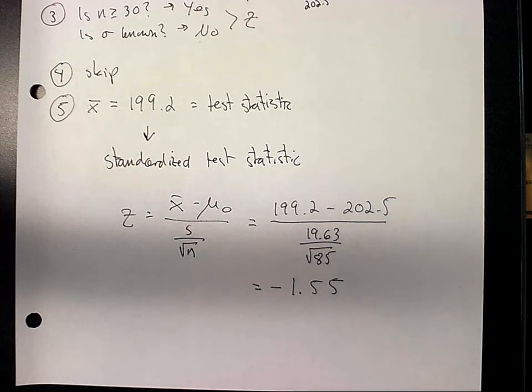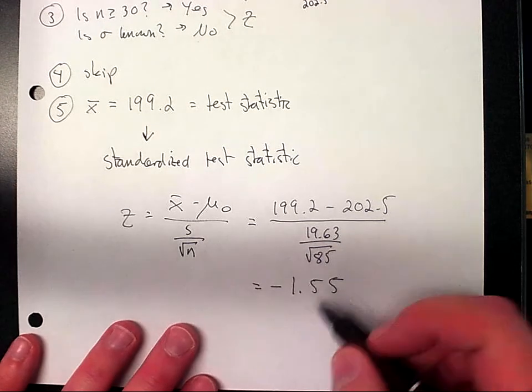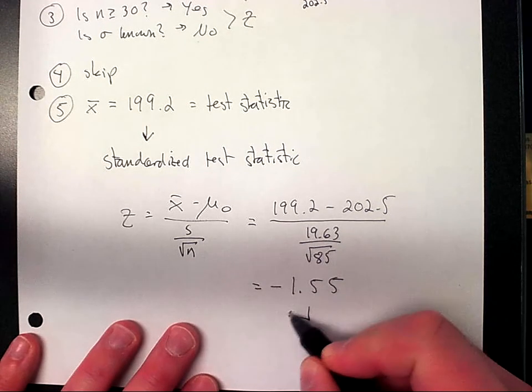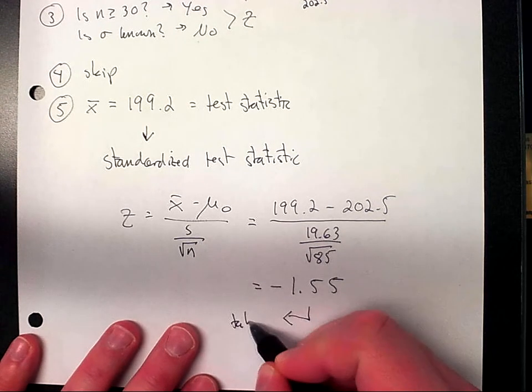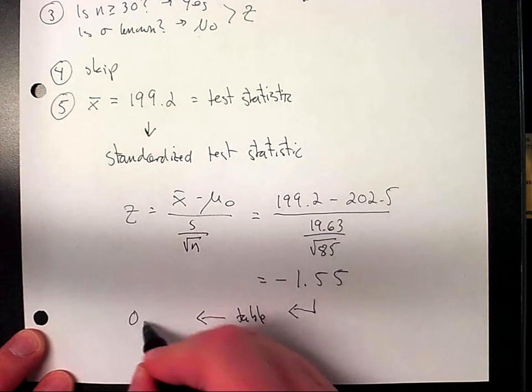So whatever this comes out to be, you want to round this to 2 decimal places, just like you would round any other number. Is everybody good with what I mean with that? All right. We have negative 1.55. We take this to the table, and in our table, this comes out to be what percentage?